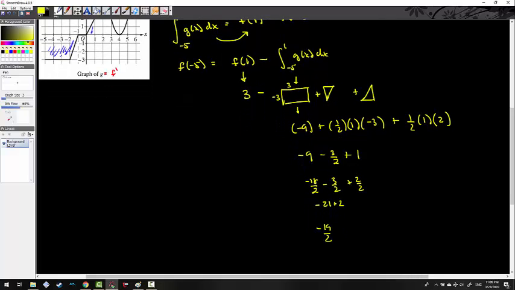Now this 3 is going to come down. And remember, it's 3 minus this value, so it's 3 minus -19 over 2, which becomes 6 over 2 plus 19 over 2, which ends up becoming 25 over 2. And that is what your f of -5 is going to turn out to be.